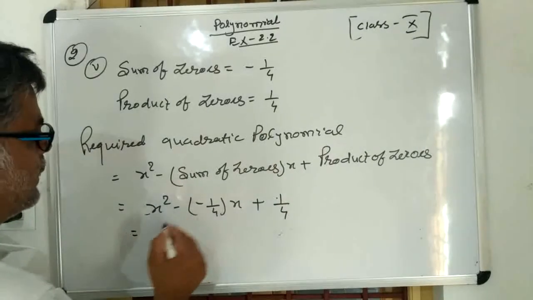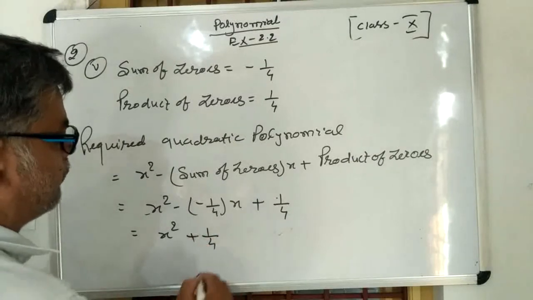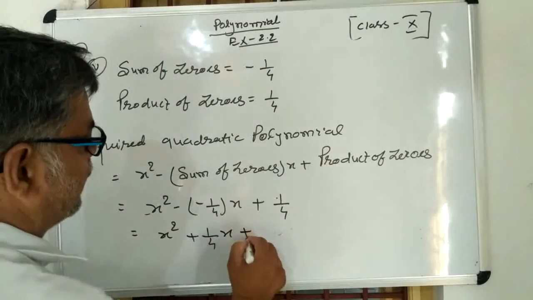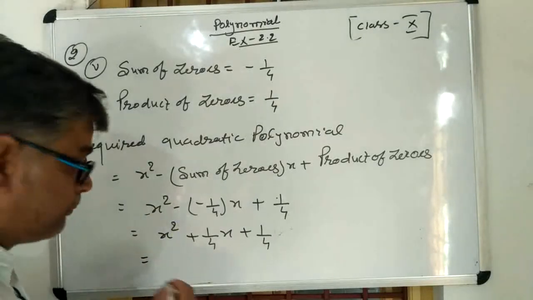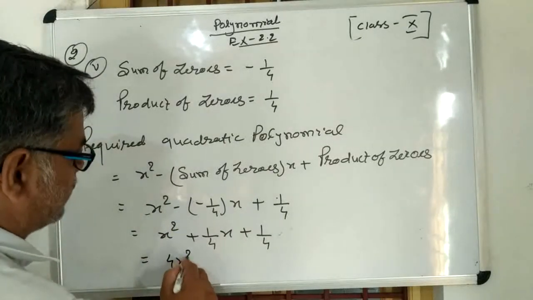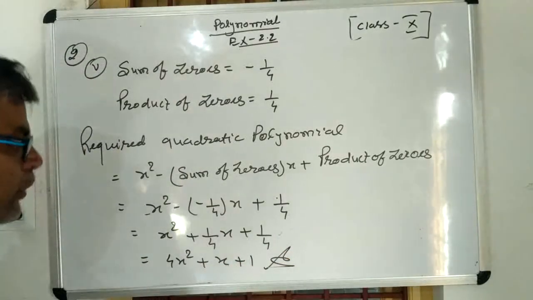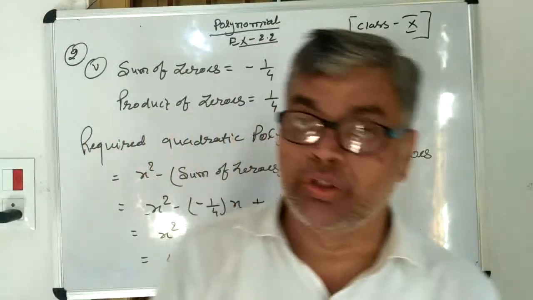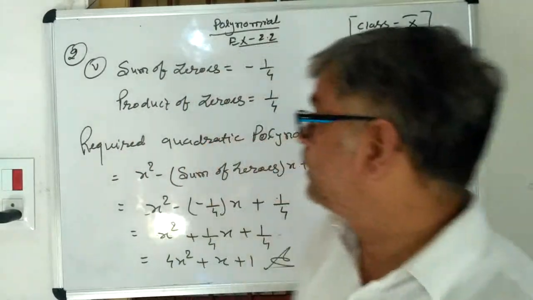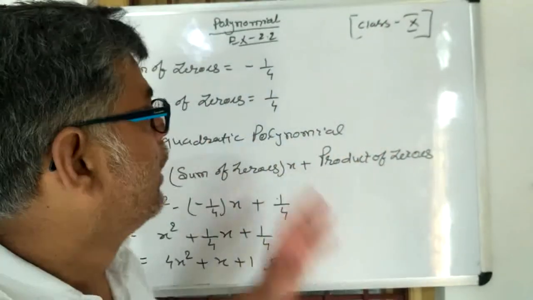So minus and minus will multiply, and it becomes x square plus 1 by 4 x plus 1 by 4. Now multiplying all terms by 4, it becomes 4x square plus x plus 1. And this is your required quadratic polynomial, whose sum was minus 1 by 4 and product was 1 by 4.